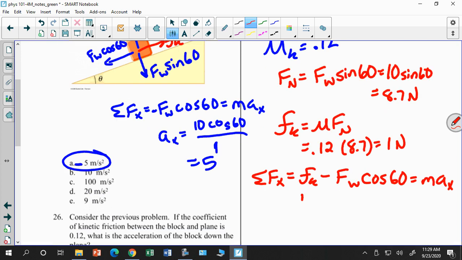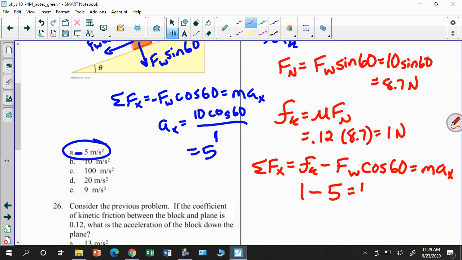So that's going to be 1 minus 5 is equal to 1 kilogram times the acceleration in the x direction. This 1 is 1 newton, my frictional force. So ax is equal to -4. It has a slower acceleration now because it has this frictional force acting upon it as it moves down the inclined plane.